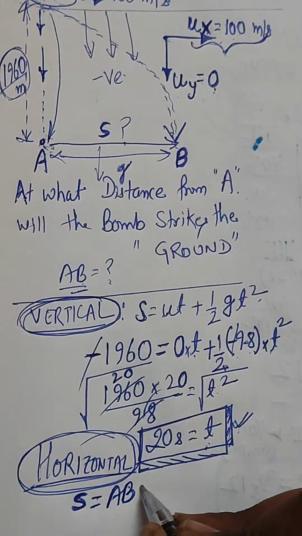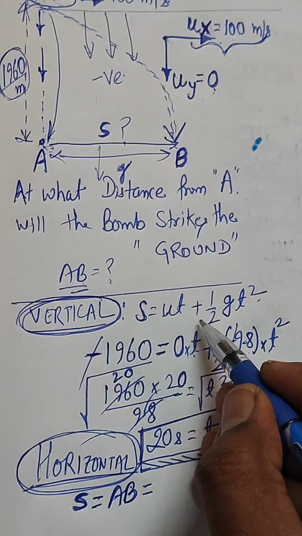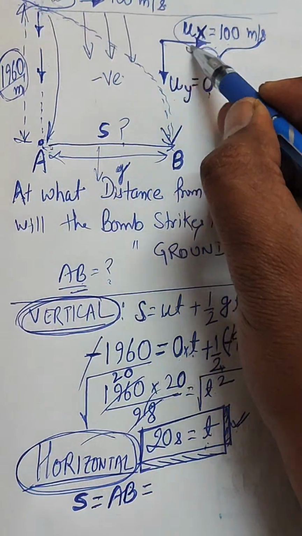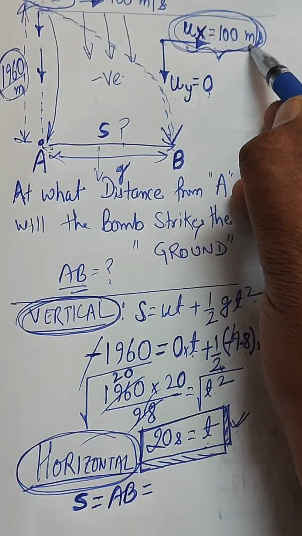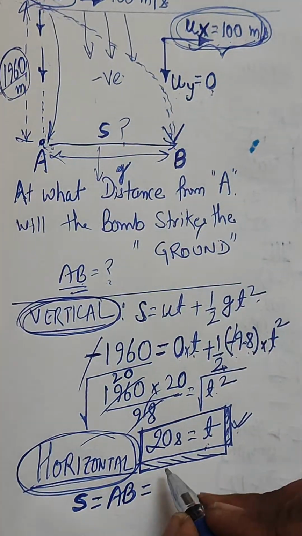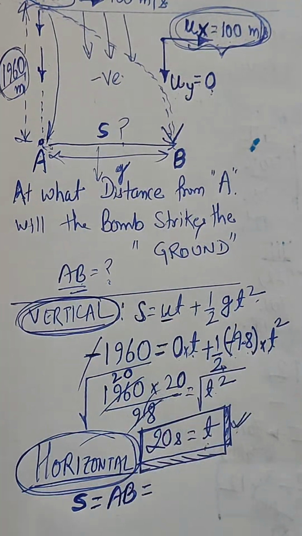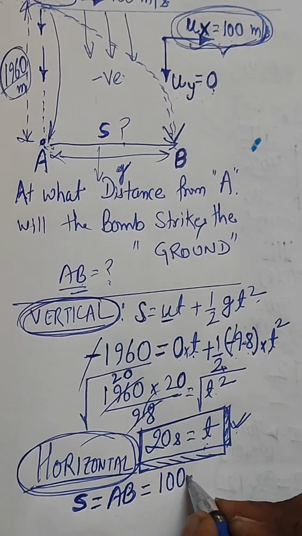So this is equal to AB, which is equal to ut plus half at square, this formula. For the horizontal direction, initial velocity is 100. For the vertical direction, it was 0. So that's why we will put in place of this u, 100 into t.